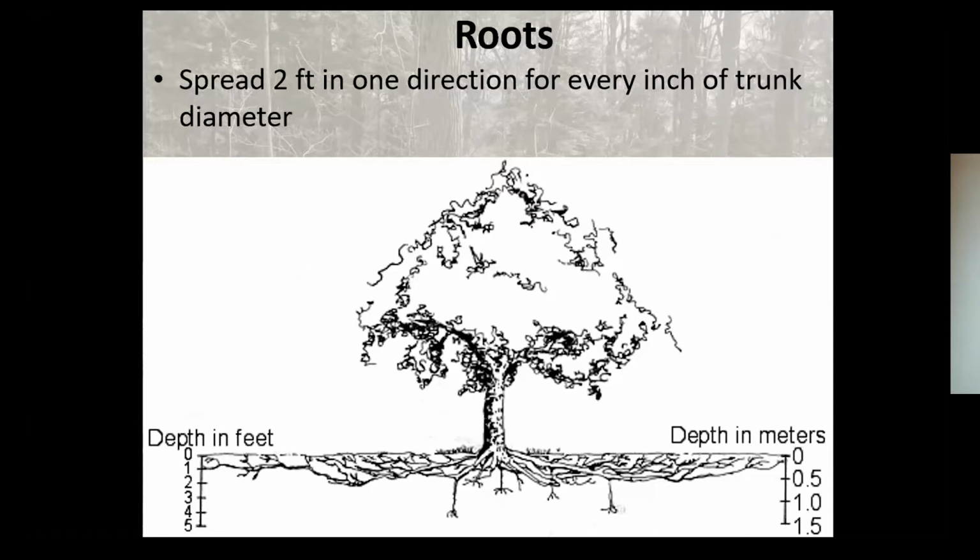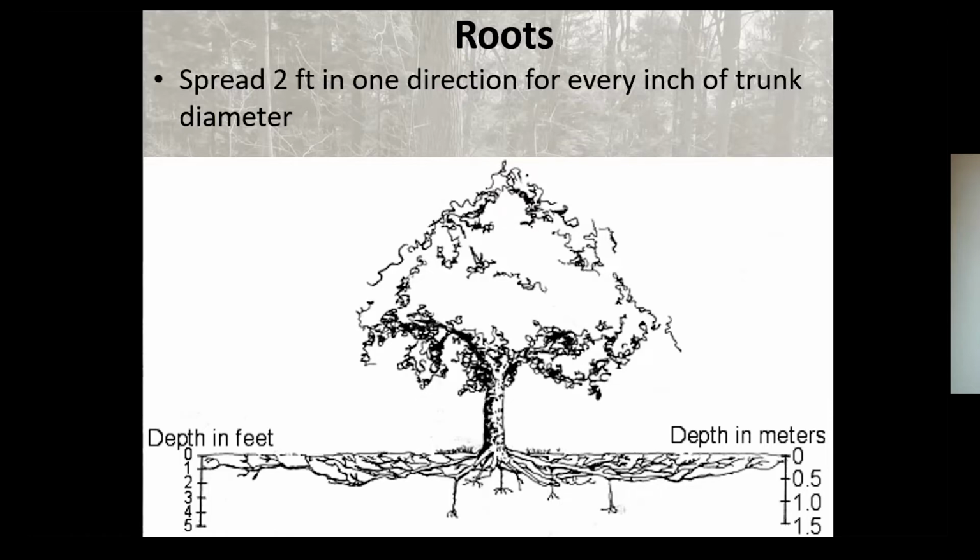As a rule of thumb, and this isn't true for every tree, roots will grow 2 feet in one direction for every inch of trunk diameter. So if you have a 10-inch tree, you're going to have roots going 20 feet in either direction around the base of that tree.